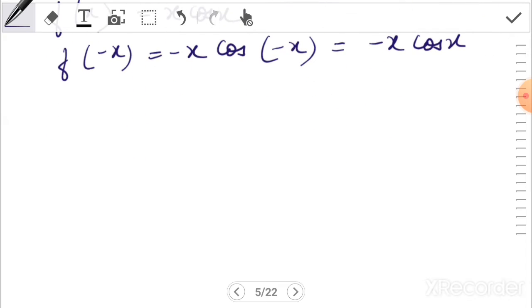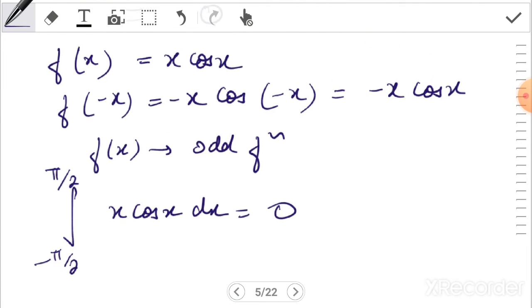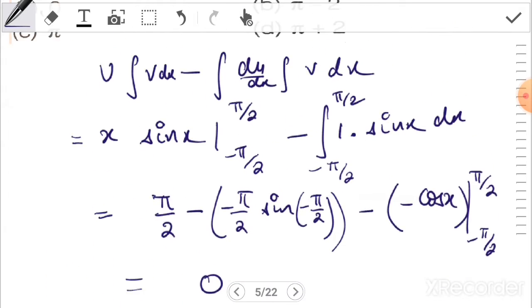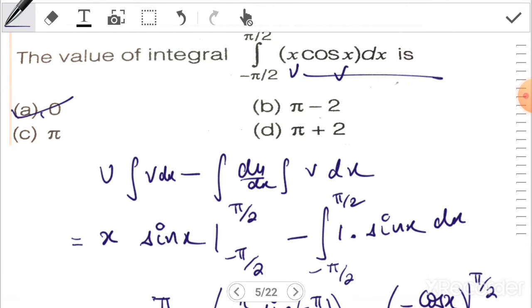So that means f of x is an odd function. So if it is an odd function, the integral from minus pi by 2 to pi by 2 of x cos x dx is equal to 0. If you remember the properties, you can directly apply the property here. So the answer is 0. Okay. Now let us go to the next problem.